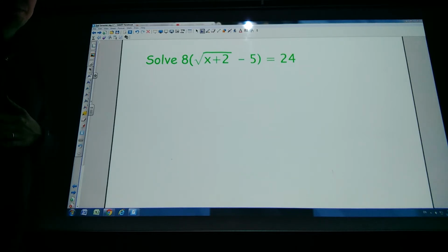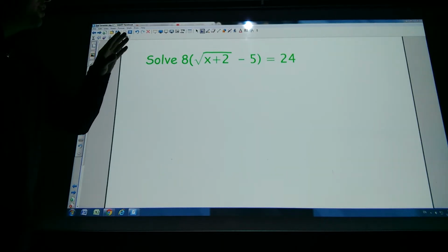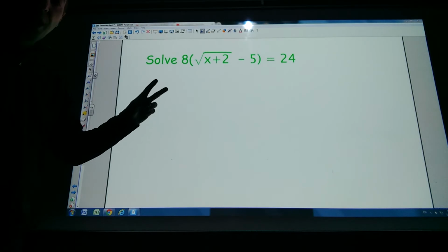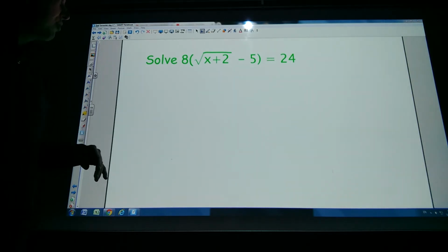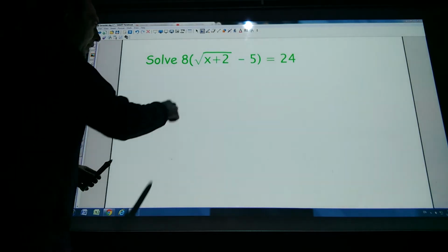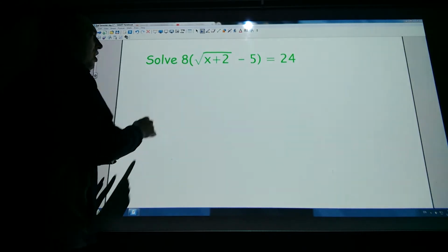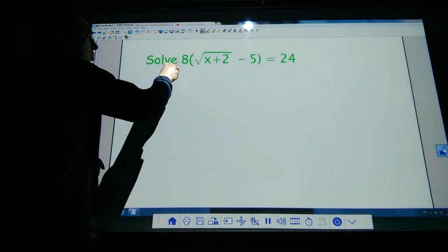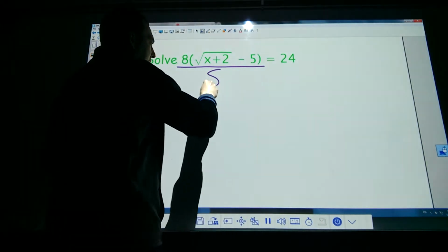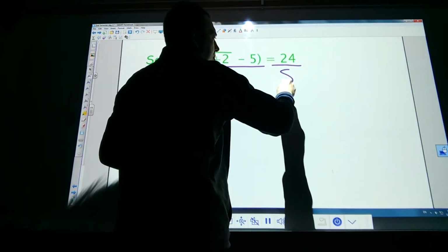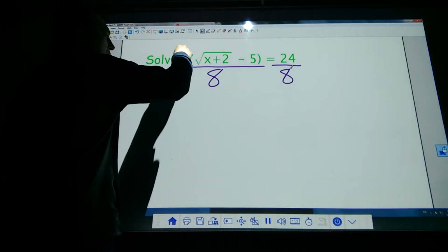Here we go. I need to get the thing that's farthest away from x out first. And the thing that's actually farthest away is 8. Okay, I know it's kind of close, but it's actually 8. How do I get rid of that 8? We are going to divide by 8. Ooh, I like that purple. So I do the opposite.